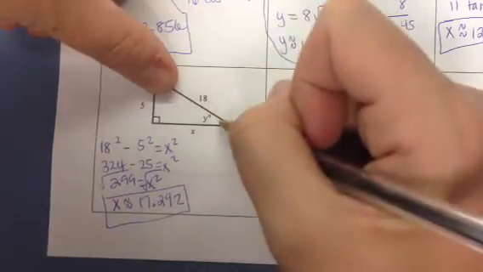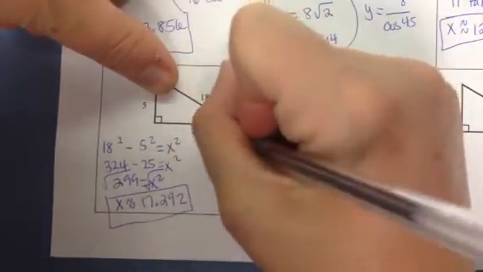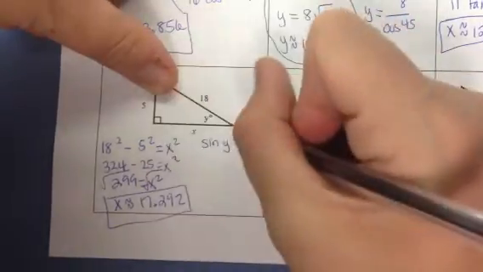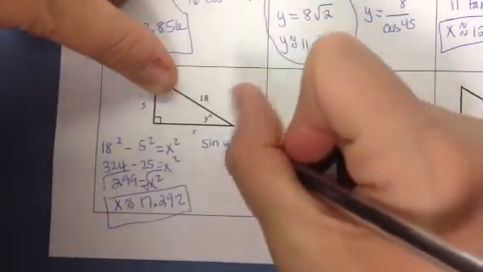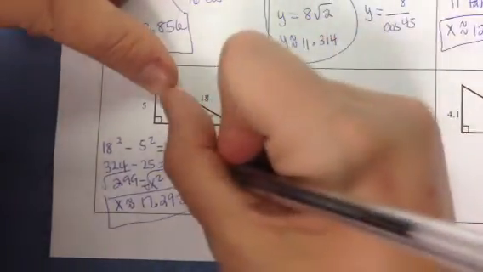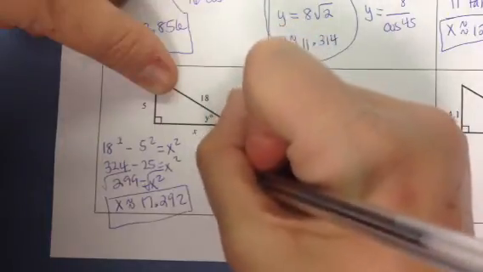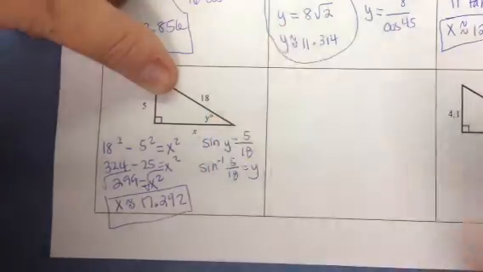So that means I'm going to use sine. So I would say the sine of y is equal to the opposite, 5, over the hypotenuse, 18. I take the inverse of both sides, and I get the inverse sine of 5 over 18 equals y.